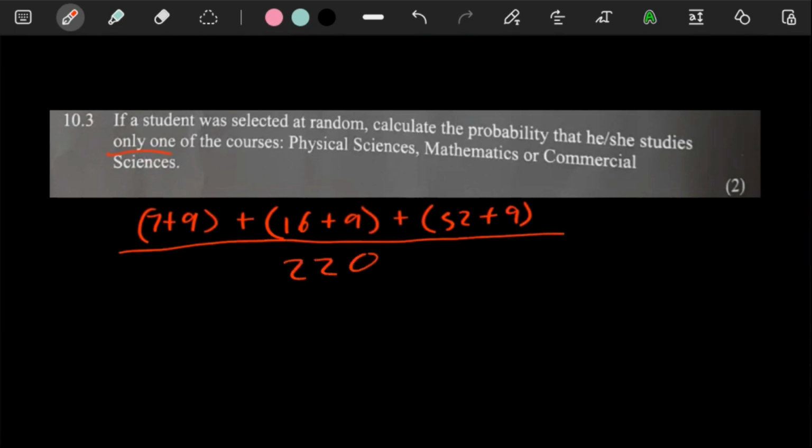So here we have 9 plus 7 plus 16 plus 9 plus 52 plus 9. That's like 102 over 220. If you simplify it, it's going to give you 51 over 110. There you go. That's the probability of whatever they're talking about.